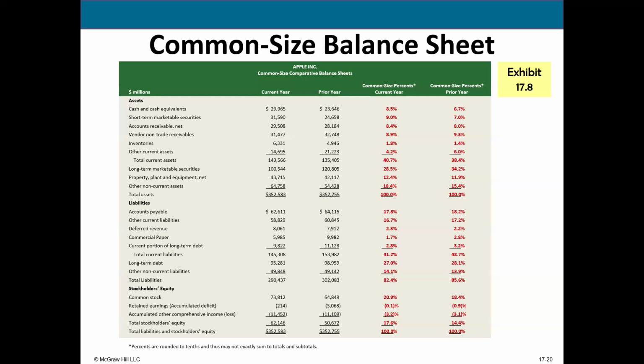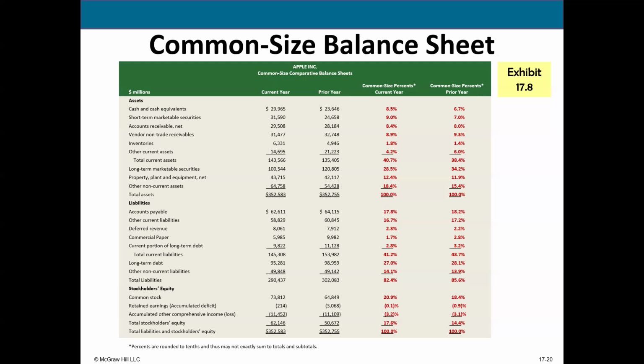So for example, for the current year, the company has $29,965 in cash. We divide that by the $352,583, and that gives us 0.085 or 8.5%, which means that out of our total assets, only 8.5% of our total assets is in the form of cash.